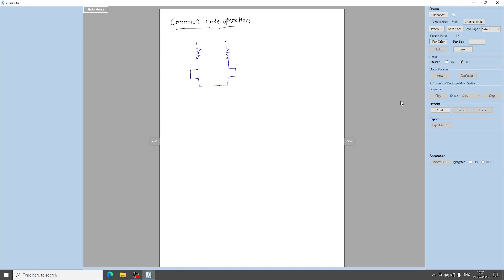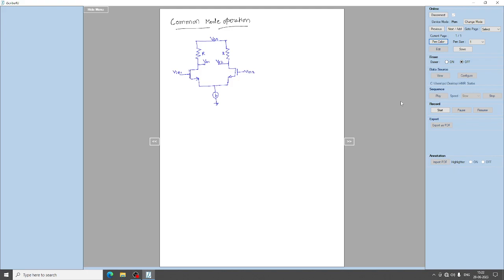This is the current source, this is Vin1, this is Vin2, both are NMOS transistors, and the resistors connected to the common supply VDD, and this is VO1 and this is VO2. So this is the circuit we have.